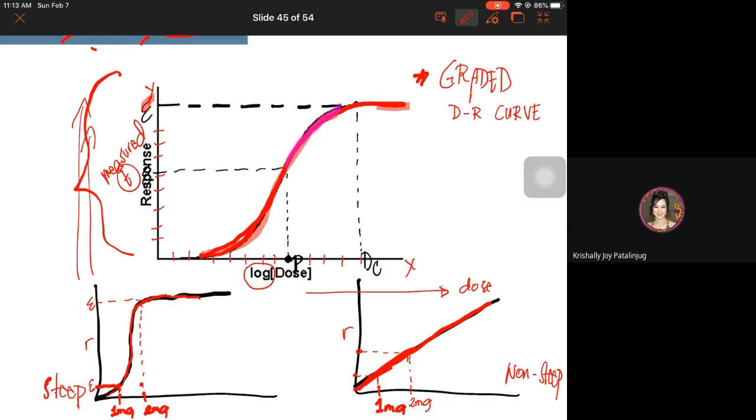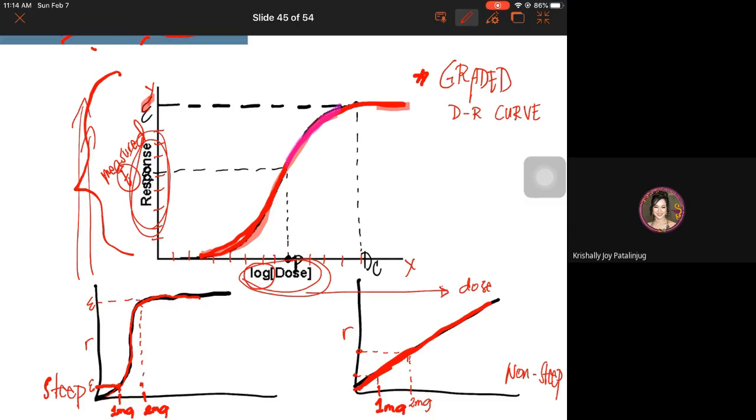Again, a graded dose response graph plots the response to a drug against its concentration or dose. There is a gradual increase in the pharmacologic effect if there is an increase in the dose. Now, this type of curve can be applied in many ways. It can be used to plot results of many kinds of experiments, for example, in determining efficacy of a drug, in determining potency of a drug.